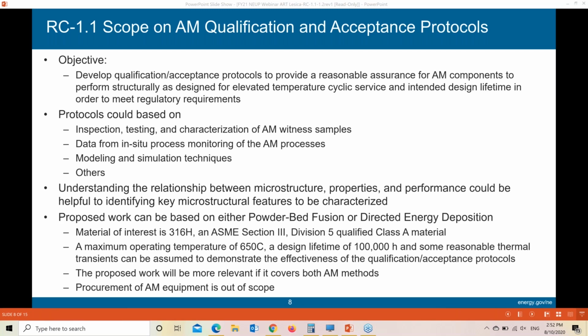Obviously, the DOE program has sponsored various programs, so there could be 3D printed samples that one can ascertain, but that will probably be between the PI and the individual program. So for this call, we are not prepared to supply AM materials.